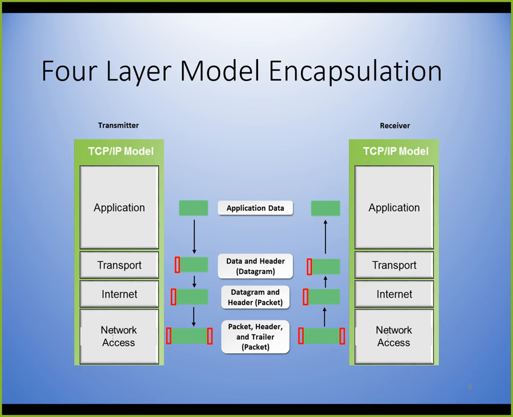So with the header information, the datagram, we have the application data in the header, datagram in the header, packets. We keep putting header information on these things as it goes down the stack. As it goes up the stack, we strip that header information off, until we finally get to the top.